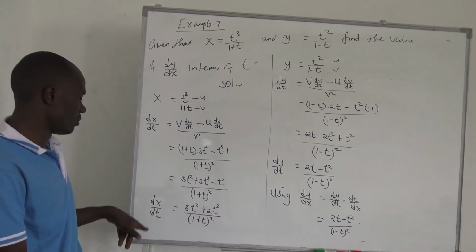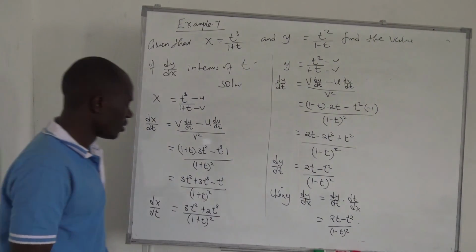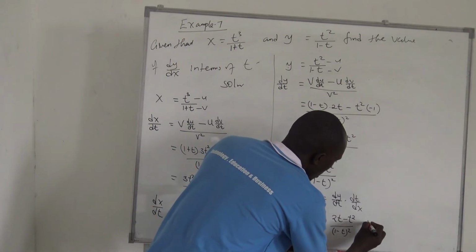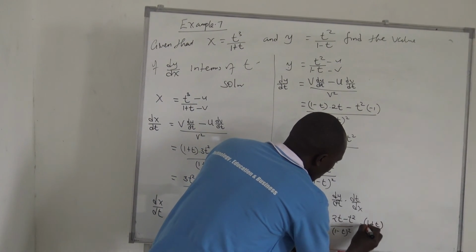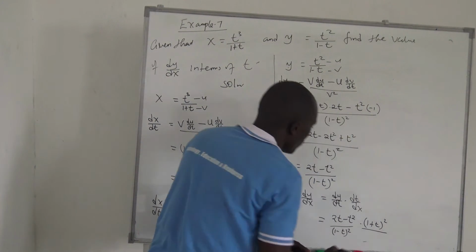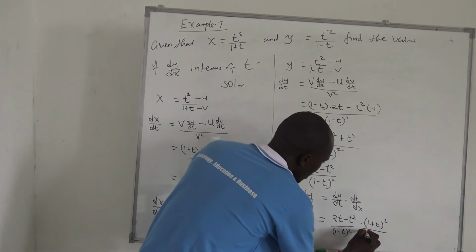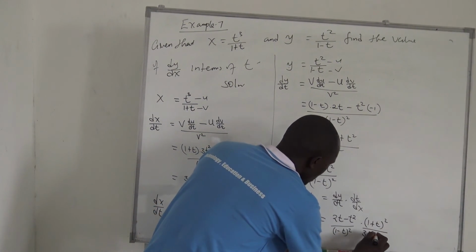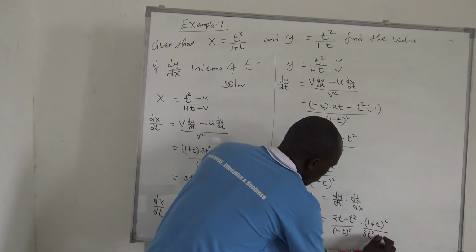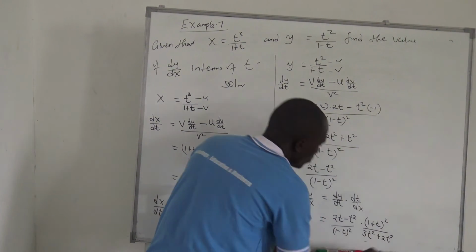What is dt/dx? Remember, we take the reciprocal, which becomes 1 plus t, the whole of it squared, all over 3t squared plus 2t cubed.